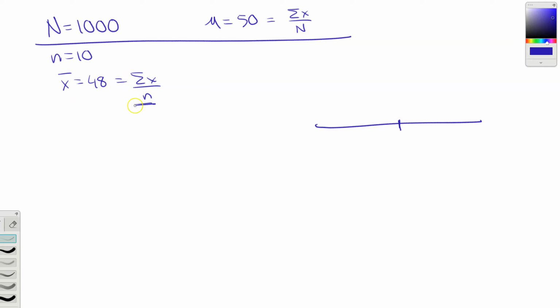So the reason we use this formula is because if our true mean is 50, if we take a good simple random sample of 10 values and we calculate the x bar, we might be a little bit below, but if we do it again and again, if we do it a whole bunch of times, actually, if we take every possible combination of 10 people from that collection of 1,000, then the mean of the sample means is going to be exactly the same as the population mean.